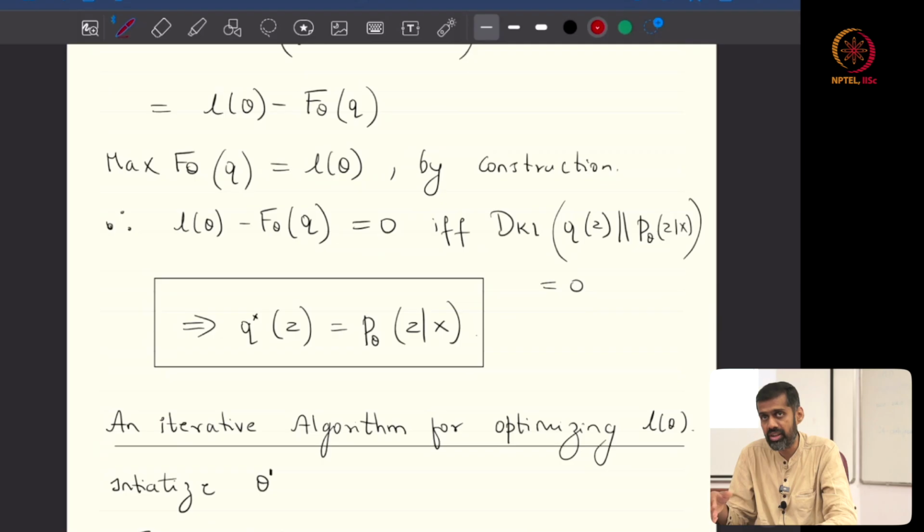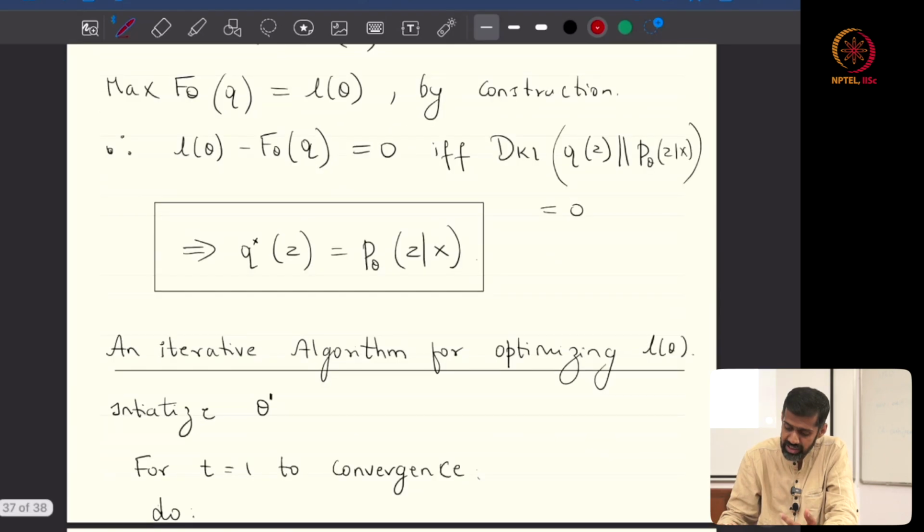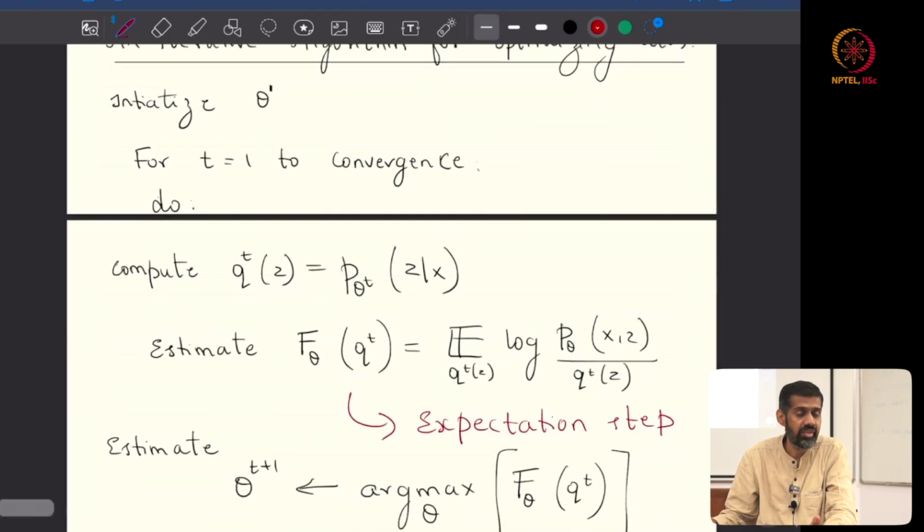However, for some models like VAEs, this posterior over the latent conditioned on data cannot be computed, and that is when we resort to estimating that explicitly as well. But for this particular course and the particular case of a mixture density, the posterior of the latent variable given data can be computed, and that is why we resort to this iterative algorithm where we initialize some values for the parameters.